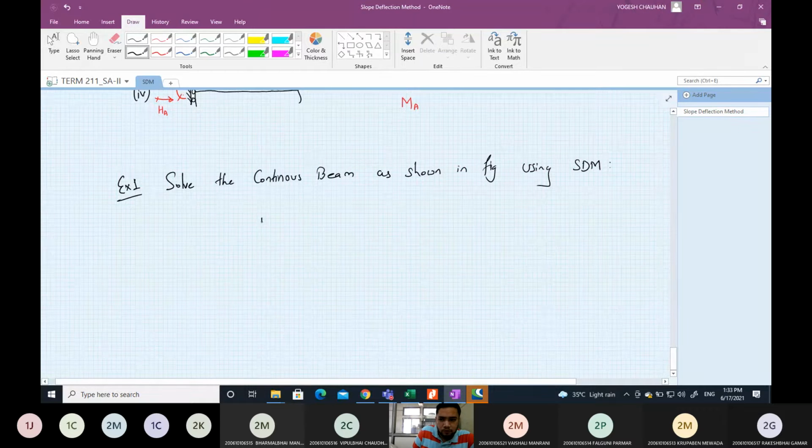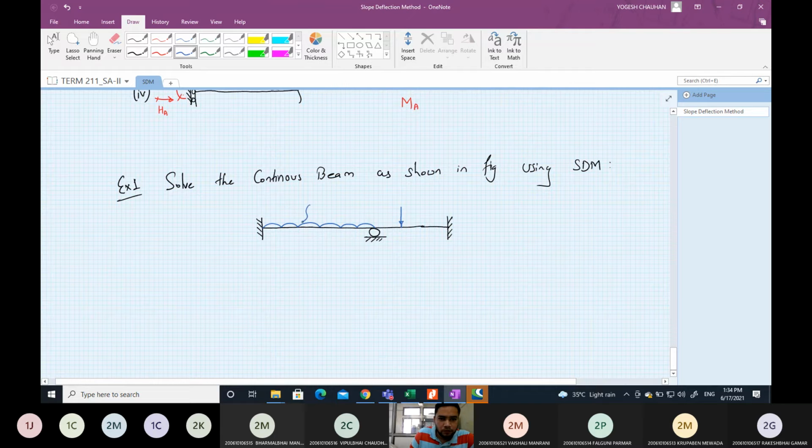So you have a beam subjected to a UDL on the first span and an eccentric point load on the second span.